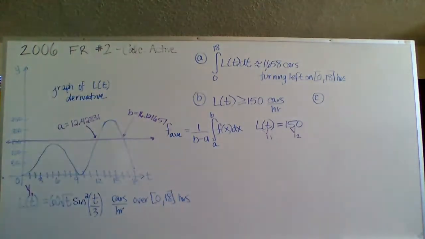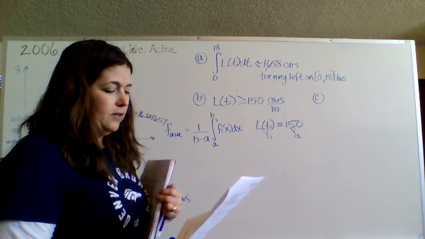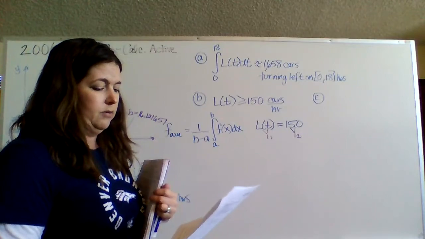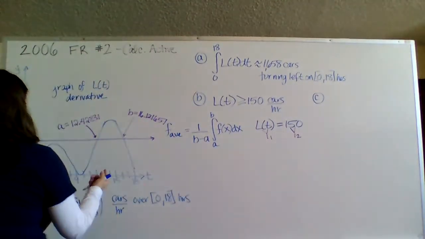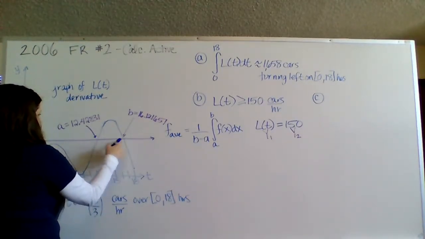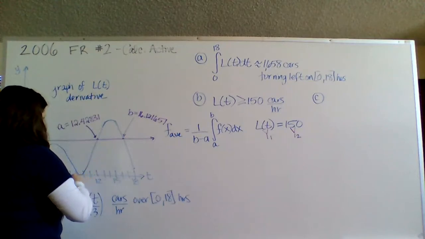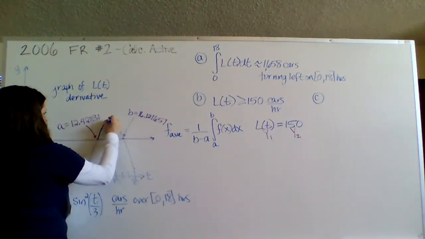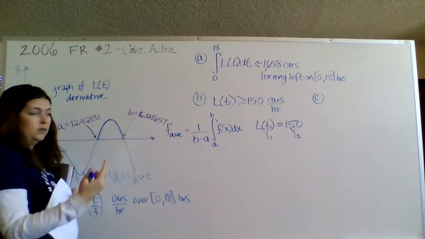Rereading, and you have to read this one a lot, it says find all values of t for which L of t is greater than or equal to 150. So that's one of the answers we need. Can't you tell from the graph? This is exactly where it's 150, but I want to know where it's greater than or equal to 150, so don't I want any of the times in between those 2? Correct, but including those 2.